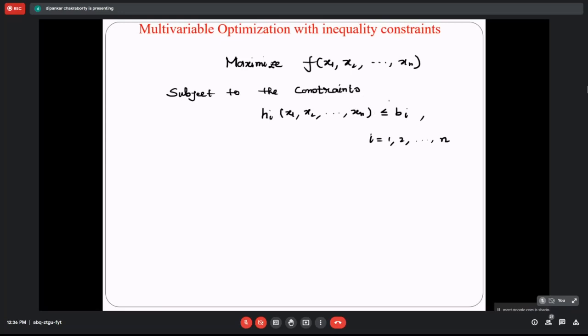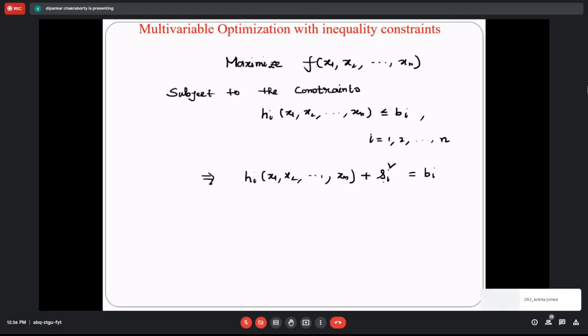So to convert this less than or equal to type to equality type, you can do it like this: h_i of x1, x2, ..., xn, the original function, plus s_i squared, is equal to b_i. I have never mentioned whether s_i squared will be greater than or equal to 0 or less than or equal to 0, because automatically s_i squared is greater than or equal to 0, right? Okay to all of you?